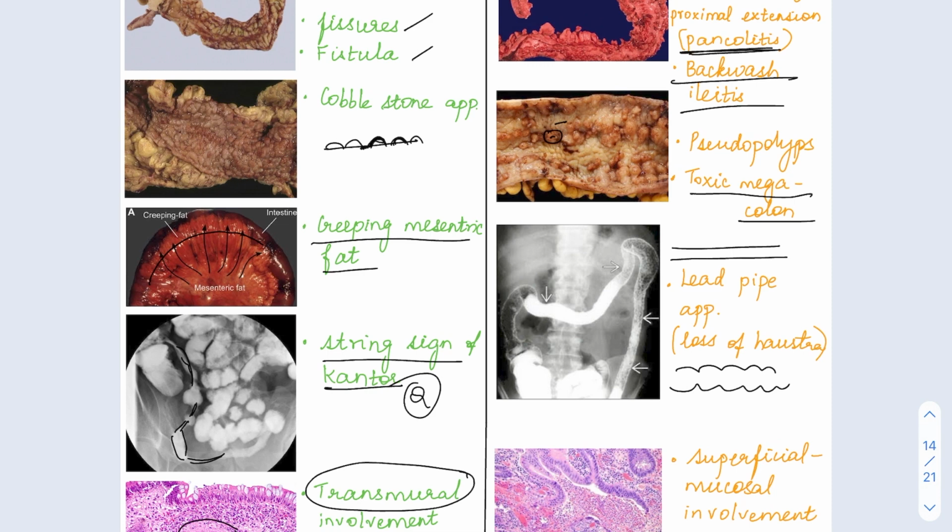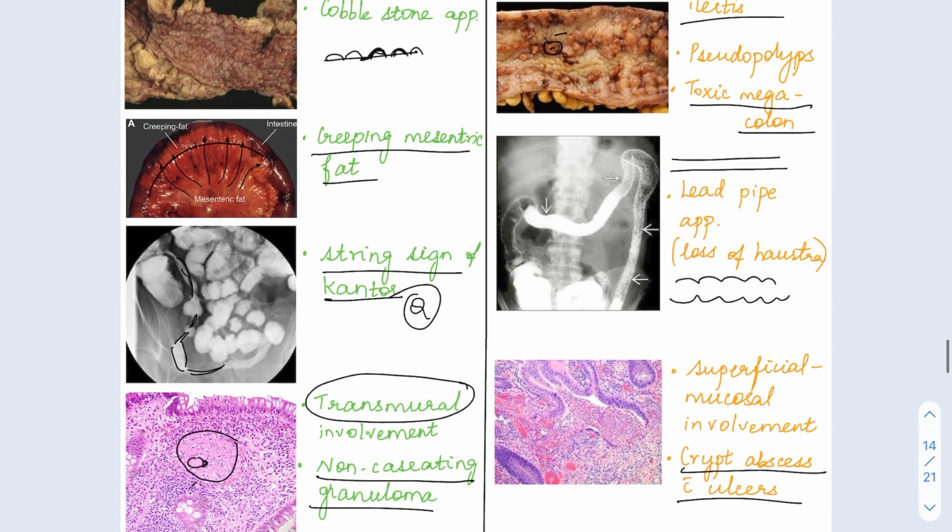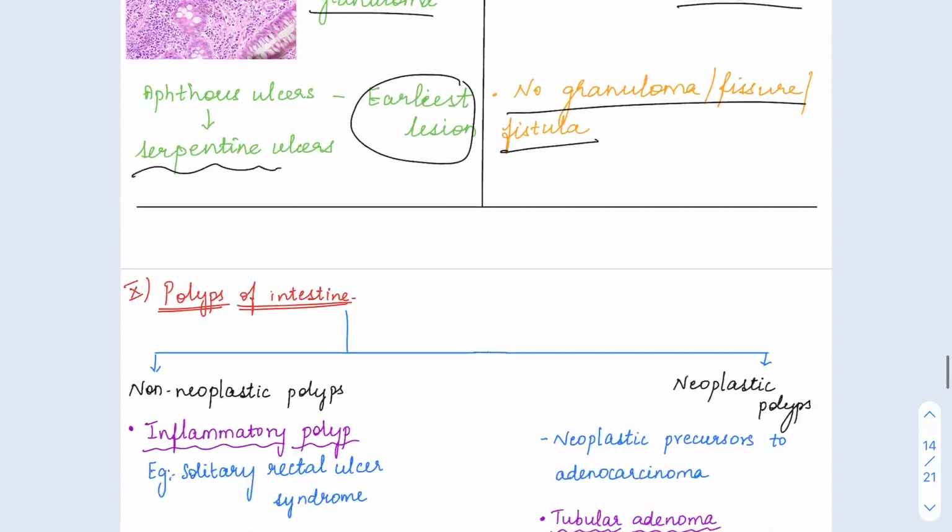Then we had the gross appearance, in which skip lesions are present in Crohn's disease, along with cobblestone appearance, formation of strictures, fistula and fissures. And then there will be transmural involvement in Crohn's disease. While in ulcerative colitis, we had continuous lesion involvement forming a lead pipe kind of deformity. Here there are no granulomas or stricture or fissure formation. And here we'll have pseudopolyps and toxic megacolon.